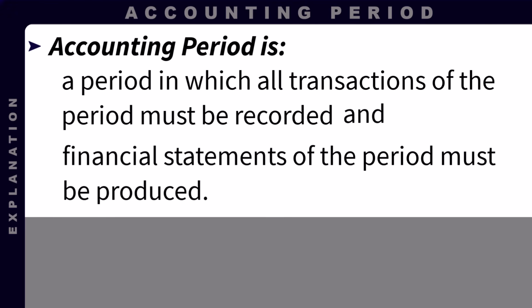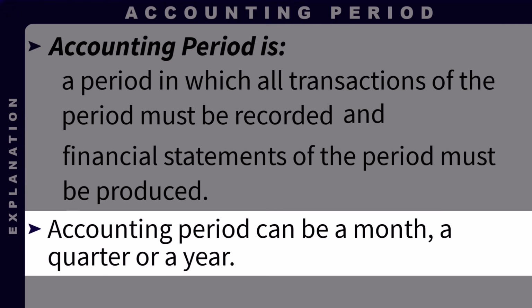Good. How long is an accounting period? Well, an accounting period can be a month, a quarter, or 1 year, depending on the preference and capacity of the entity, as well as other factors like regulatory requirements.